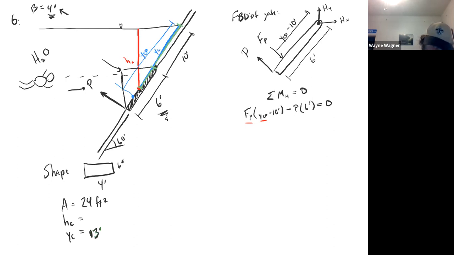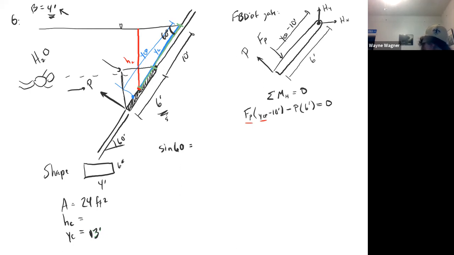Now we've got a nice triangle here between the Y sub C and the H sub C, and we use a little trig in the fact that this is a 60-degree angle right here. We know it's the sine because it's the opposite side. So we want the sine of 60.